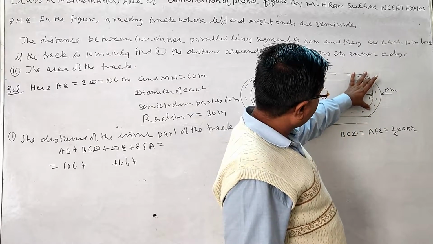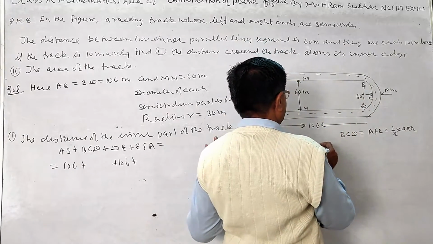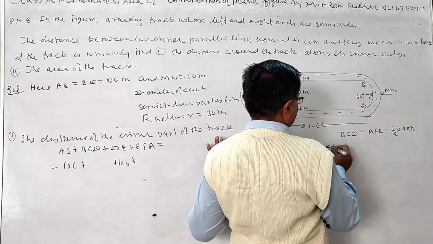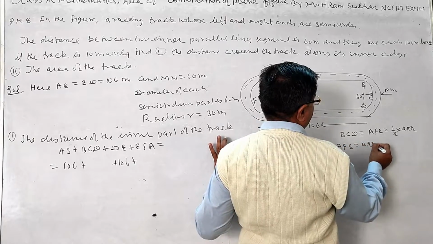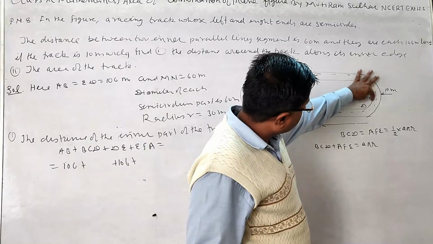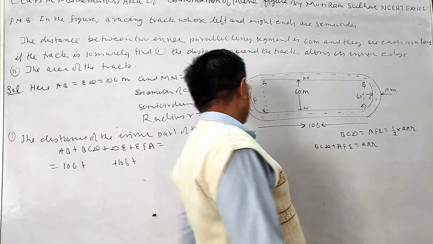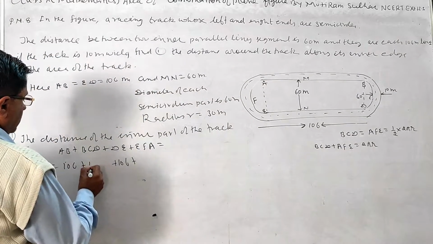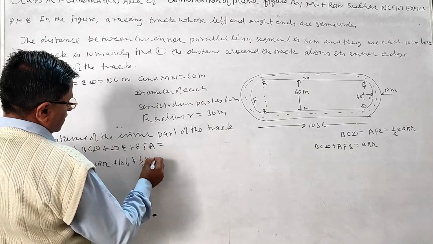So if you take one it is half, but if you take both, BCD and AFE, that is 2 pi r. This semicircle and this semicircle, so that will be 2 pi r. So you can say 1 by 2 into 2 pi r, and this is also 1 by 2 into 2 pi r.